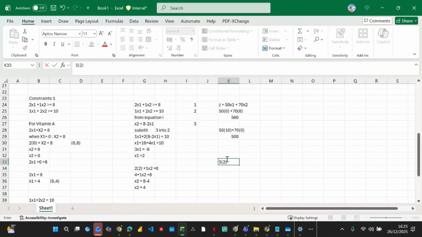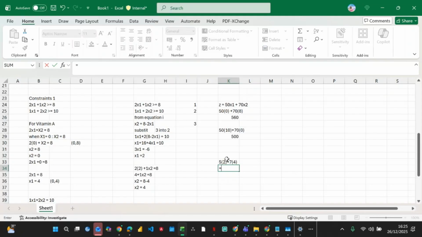50 equals what? My x1 is 2, and then plus my x2 is 4. So plus 70 times 4. So I will come here. 5 times this equals 10, plus 70.